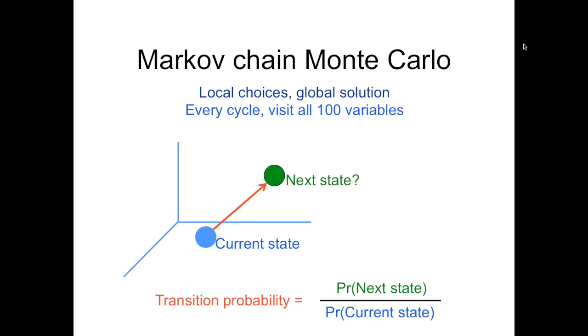So if the next state is almost as good, then the probability is almost 1 that it will go there. So in this way, Markov chain Monte Carlo can search 100 dimensions, visit the entire state. It doesn't just go to the best answer, it explores all answers based on their relative probabilities.